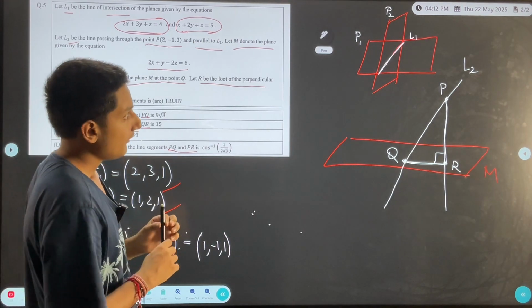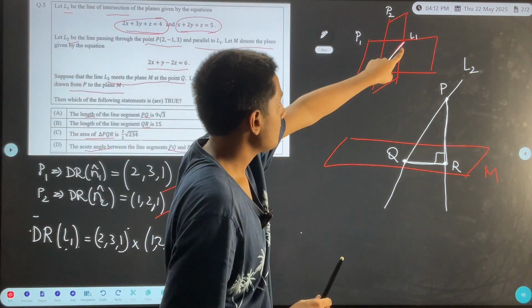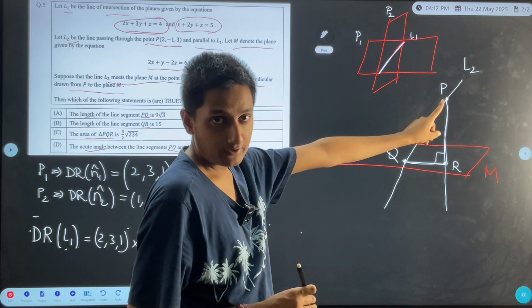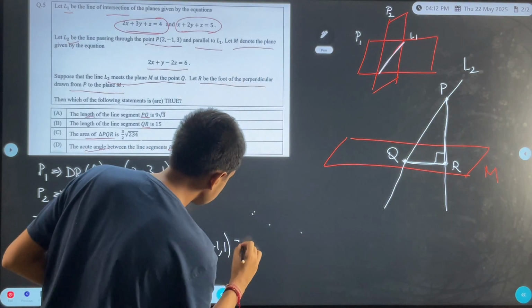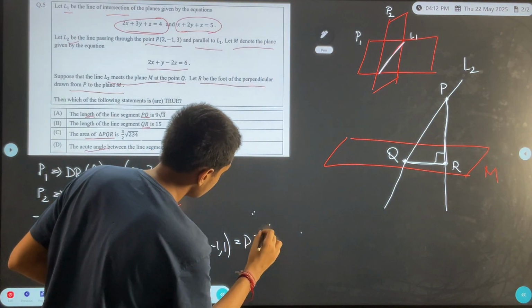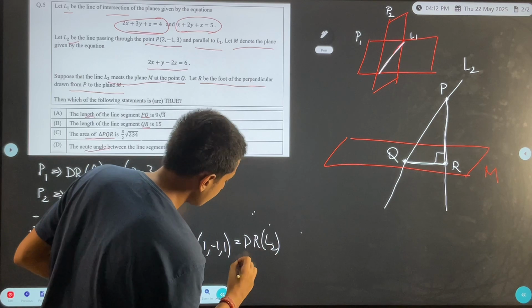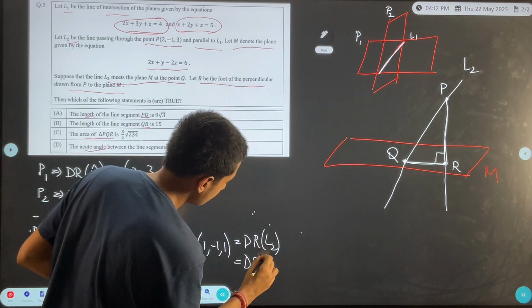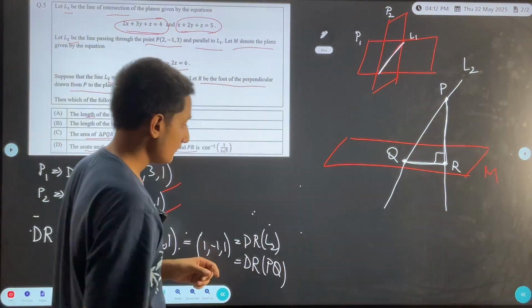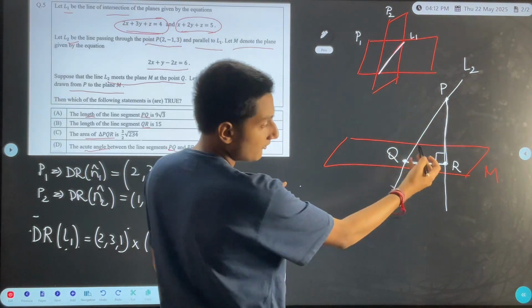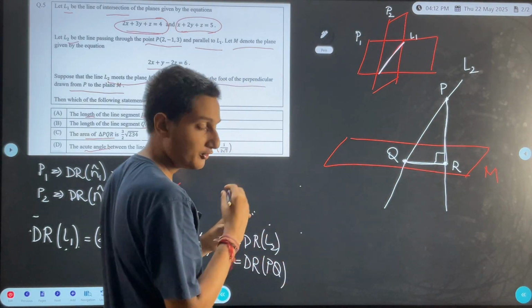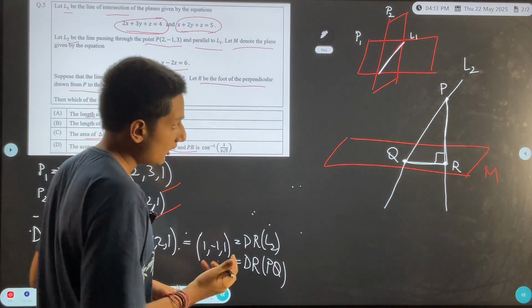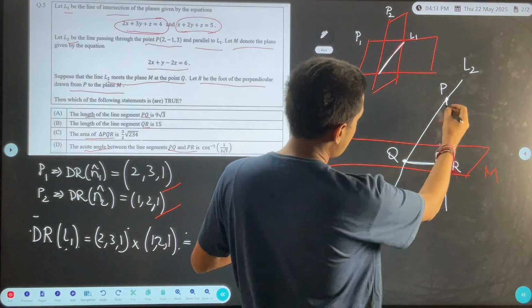Alright, now we know L1 is parallel to L2. That means this is also the direction ratio of L2 and consequently the same for PQ, because both points P and Q are on the line L2 itself. Now let's look at the line PR.